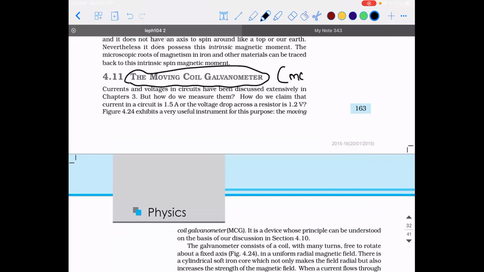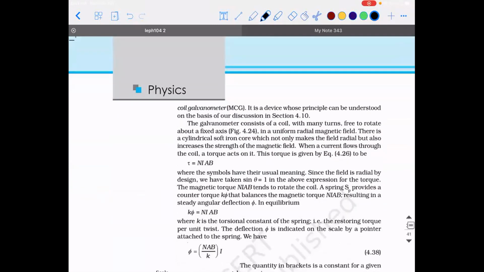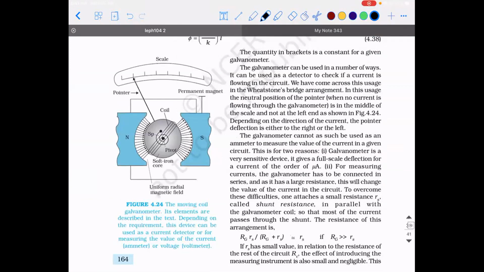In short form it is also called MCG. So what exactly is this moving coil galvanometer? Let's see. I'll show you a diagram.